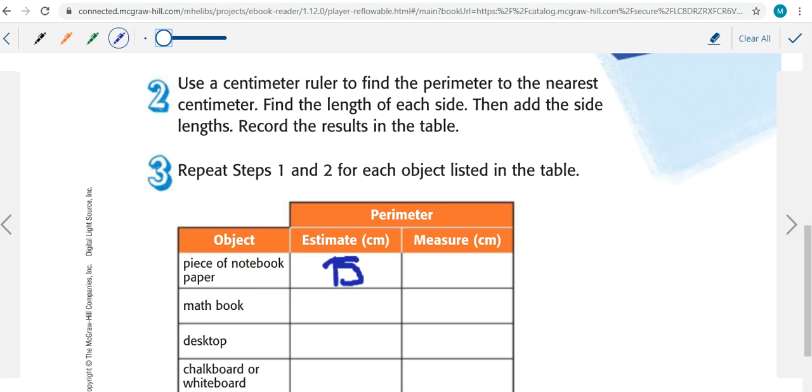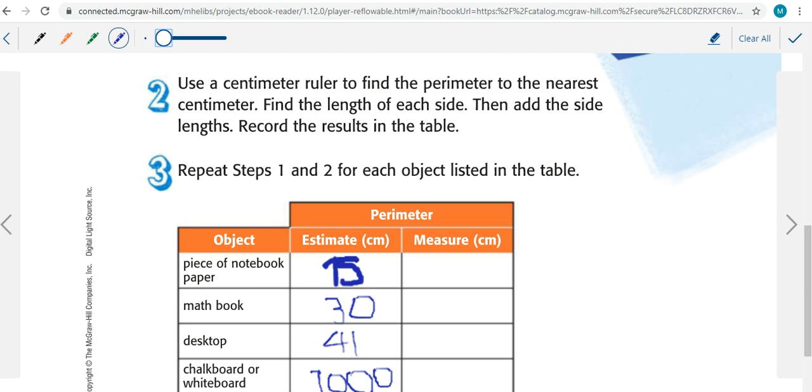After you estimate, for example, your math book, I might say 30, a desktop 41, and the whiteboard may be like 1,000 centimeters. It's just an example. And then we need to measure them.